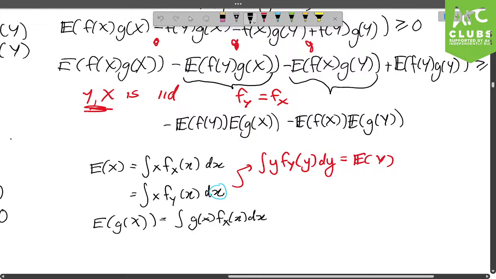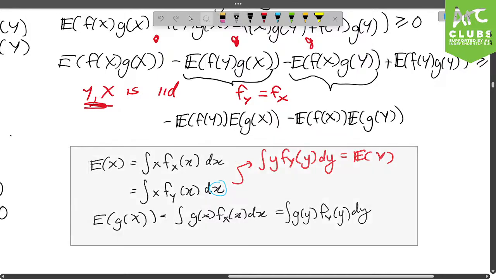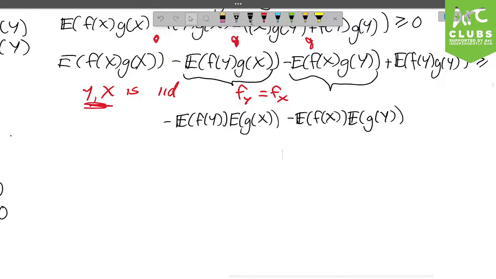And in the exact same way, we can change this into the integral of g of y fy of y dy. All this is to say that I can simplify these expressions and change out my x's and y's. Instead of y, I can just change everything to x.